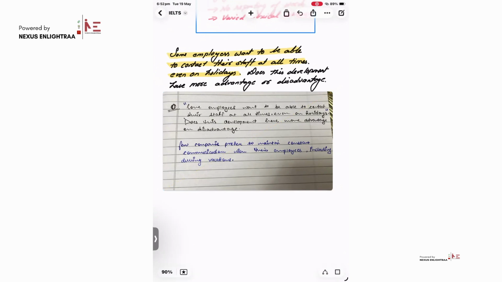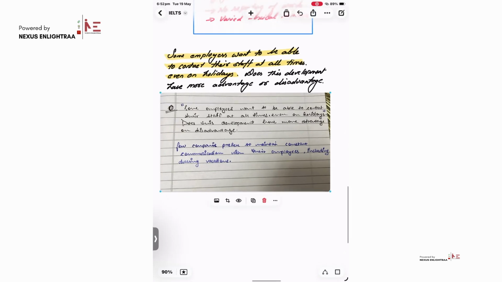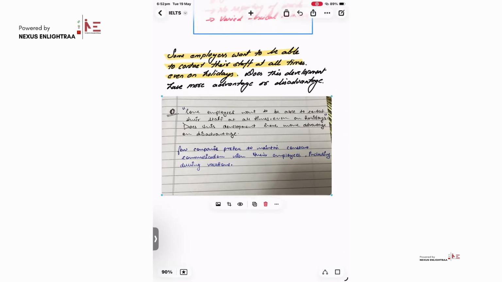All right. Some employees want to be able to contact their staff at all times, even on holidays. Okay. Now, do you think this is right? I mean, what do you think? What percentage of this is right, apparently?